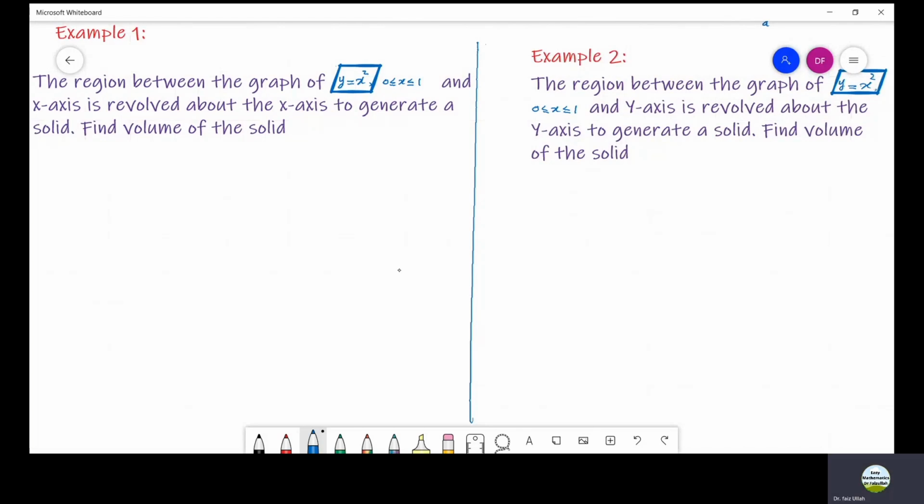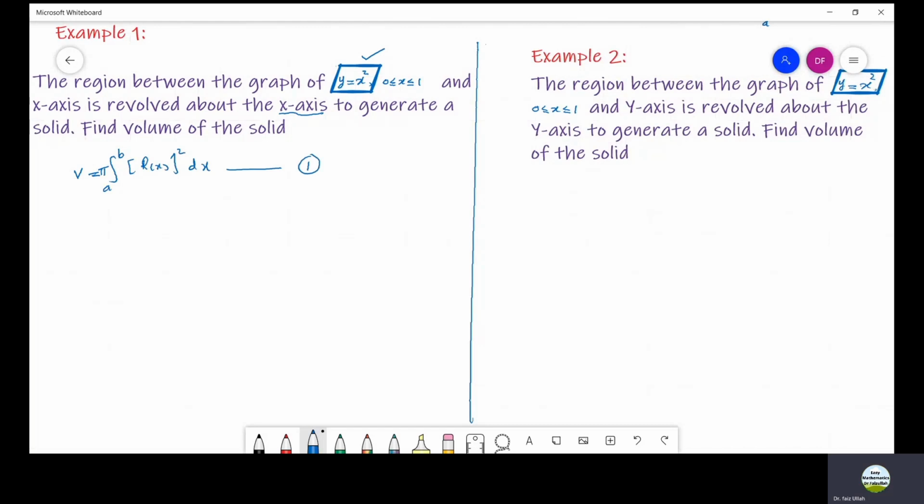In example number 1, we are given a function y is equal to x square, and we rotate it about the x-axis to generate a solid. Now to find its volume, we use formula number 1, which is given by V is equal to pi, integration from a to b r of x square into dx.